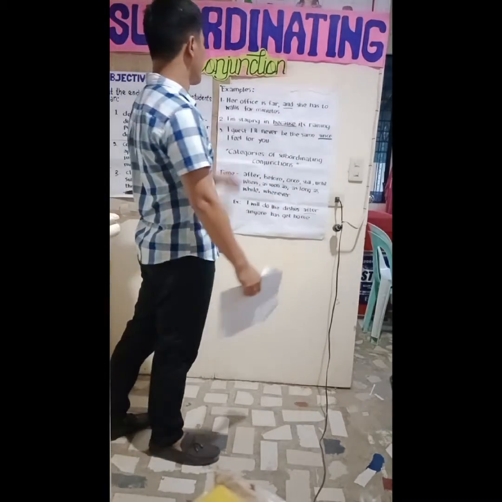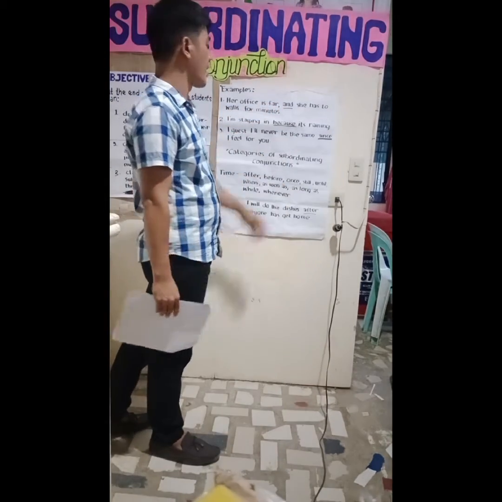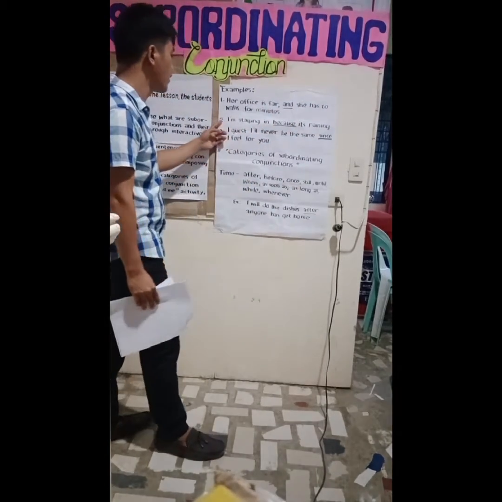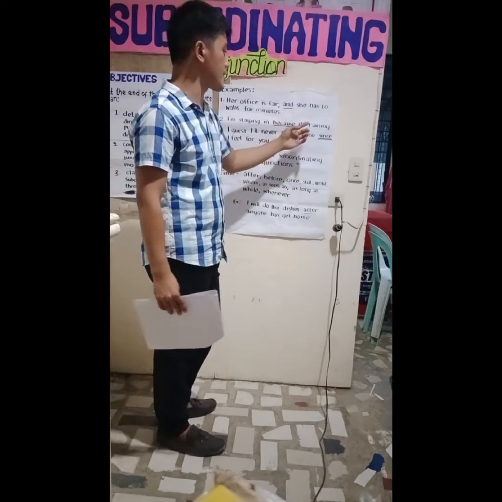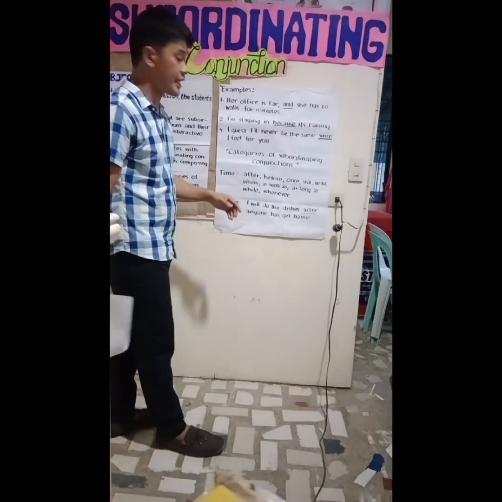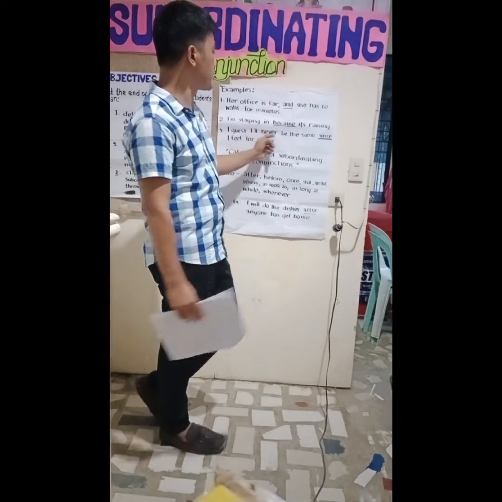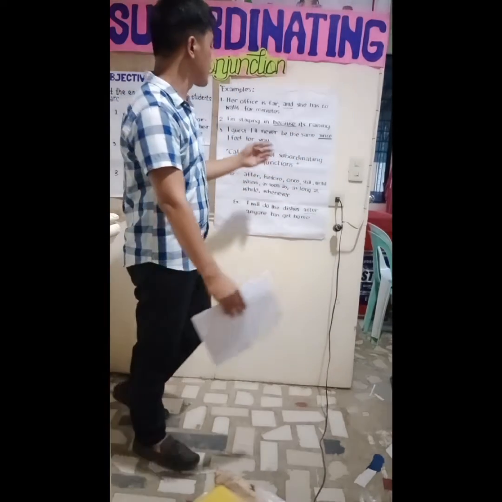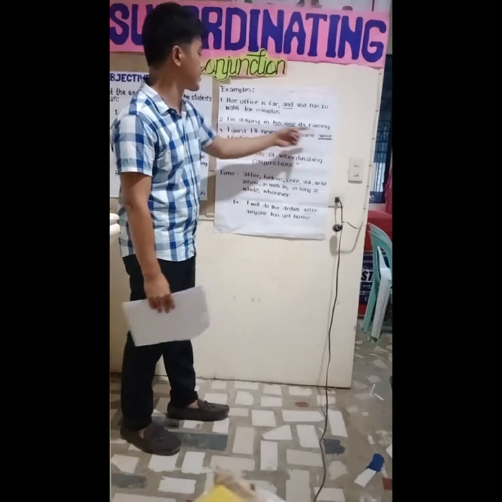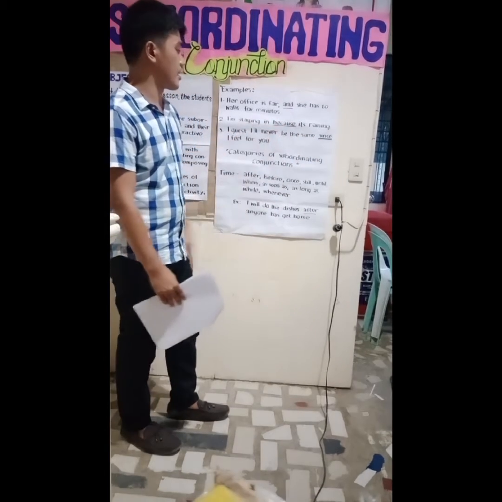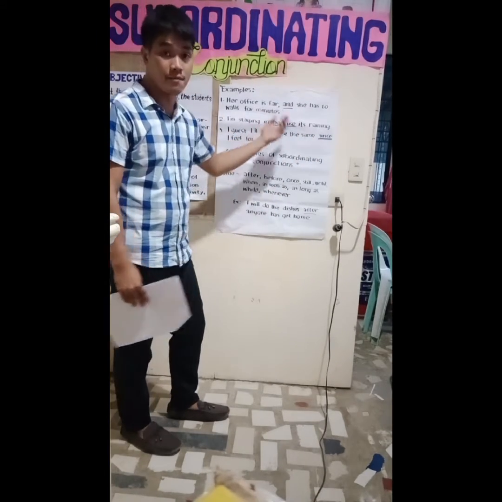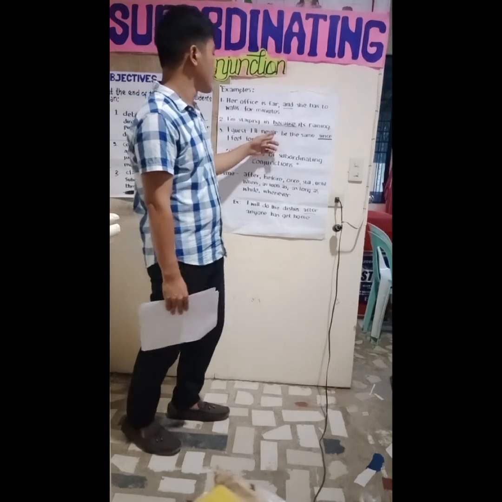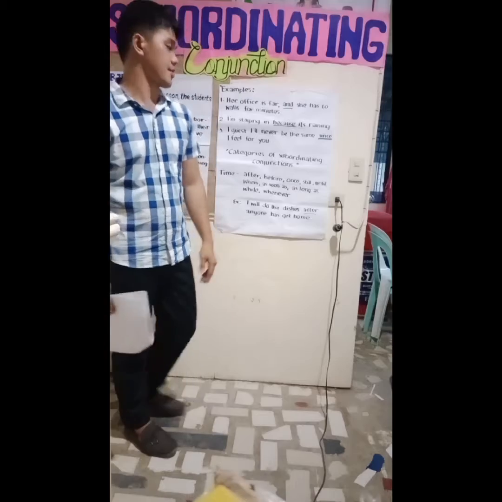Number one, her office is far and she has to walk for minutes. Number two, I'm staying in because it's raining. Number three, I guess all will never be the same since I fell for you. So the underlined word, as you observe, is the example of the purpose of subordinating conjunction.